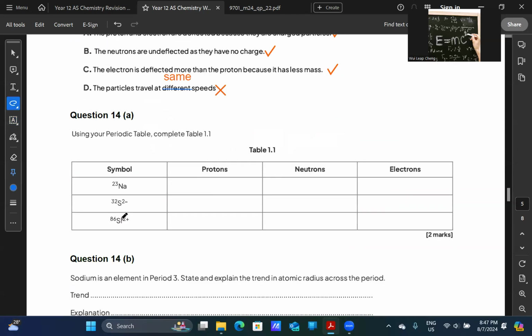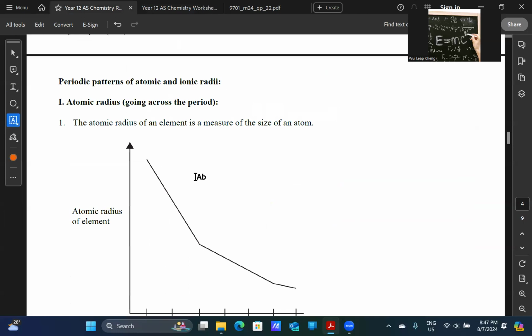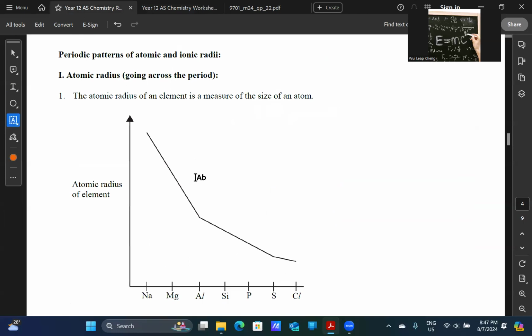Next question, Question 14a. Okay, before I continue this 14a, let's go back to discuss the atomic radius. What is atomic radius? Please get yourself ready with the revision guide, page number 4.